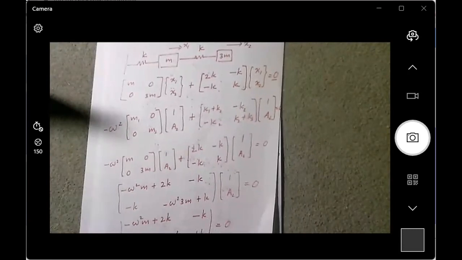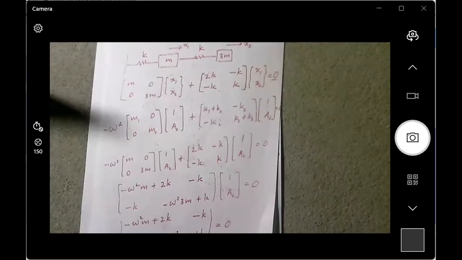Have you studied this part in maths? Cramer's rule? Yes or no? Sometimes you may need a little bit of knowledge from your maths, especially determinants, then some useful theories in matrices, right?